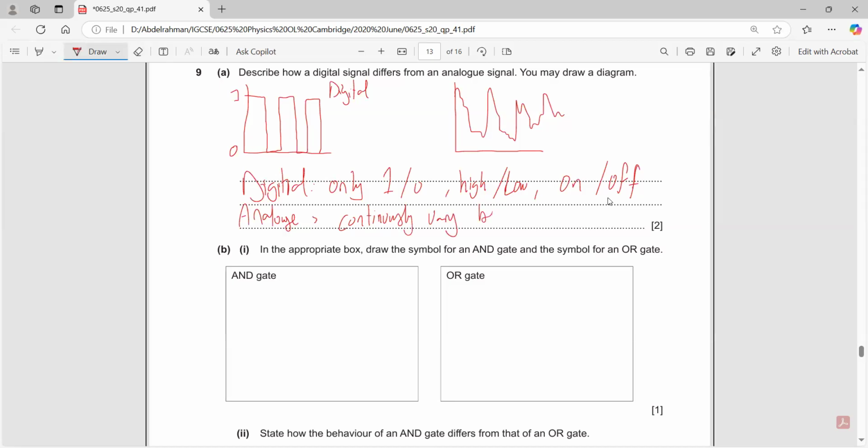Whatever two values you have, for example, if you vary between 25 and 0, this is an analog signal. It's not 1 and 0 only. You have a range. You can go up and go down, as long as you're within this range.